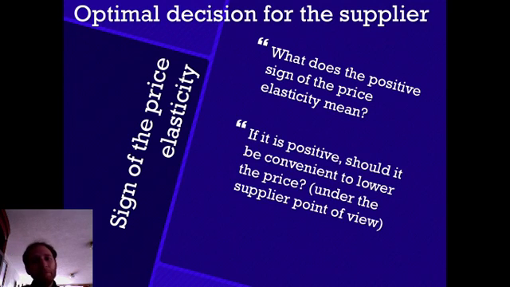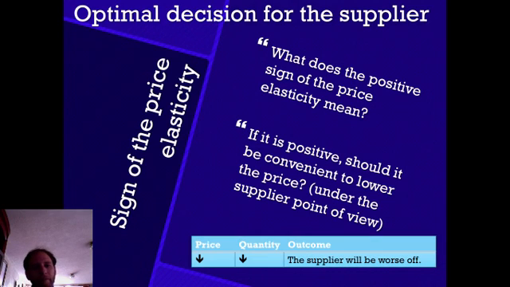So, if it is positive, should it be convenient to lower the price under the supplier point of view? What might happen? Think about it. Okay, if we lower the price, quantity demanded will decrease as well because they both go in the same direction. So the supplier will be worse off. It won't be convenient, right?